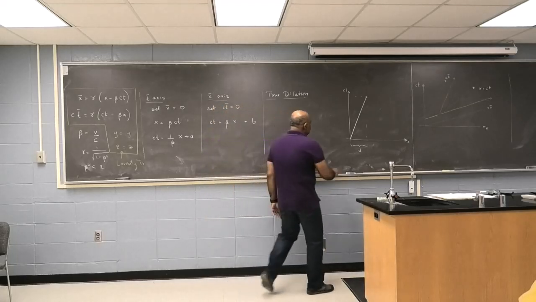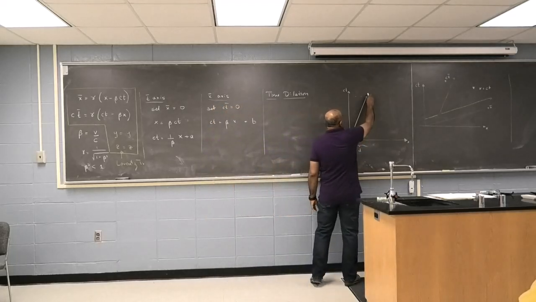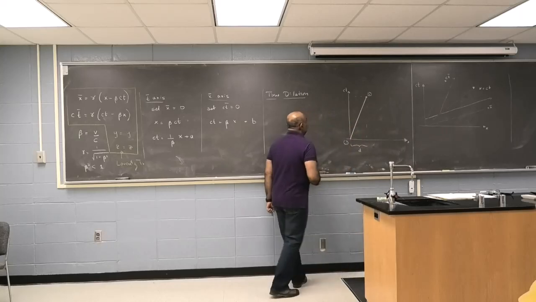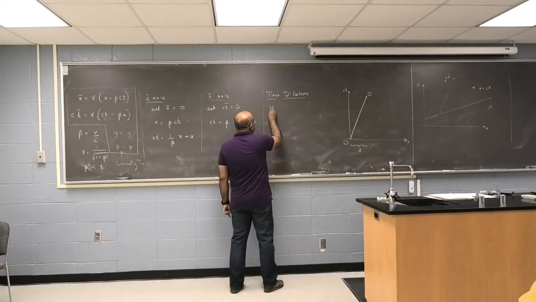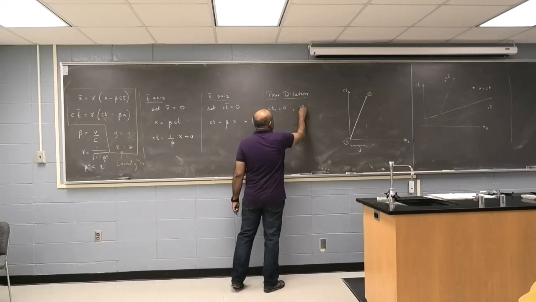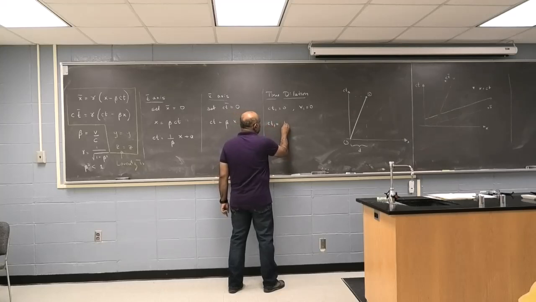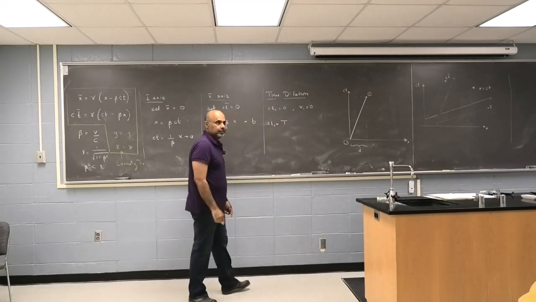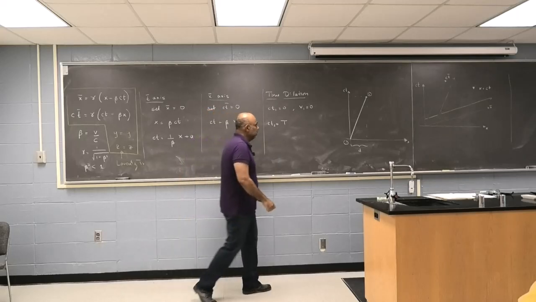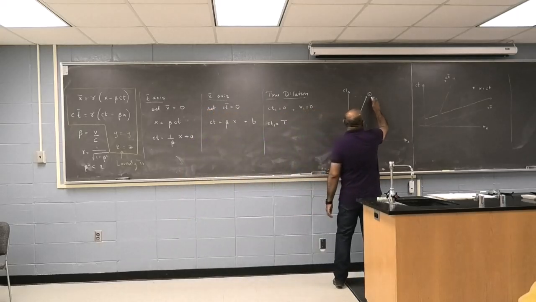So if this point is 1, and this point is 2, I will have c times t1 equals 0, x1 equals 0, and then c times t2 is some time t. So this is where the distant galaxy is, right?